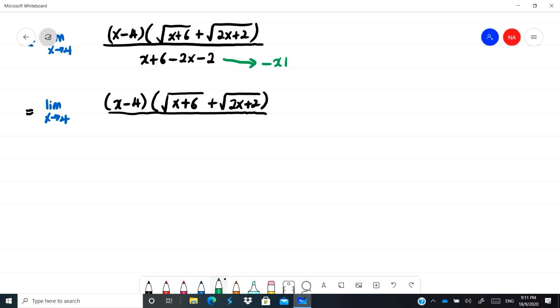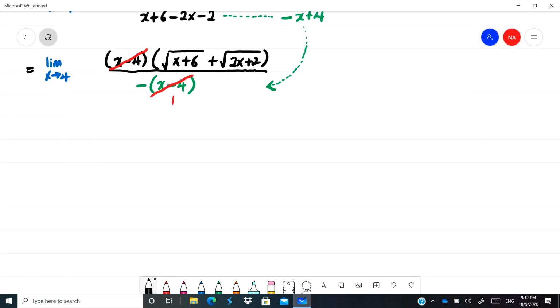Let's say I write it like this: negative x plus 4, I want to factorize the negative part, so this will be negative times x minus 4. We have to write it like that so that we can cancel this part, leaving negative 1 at the denominator.